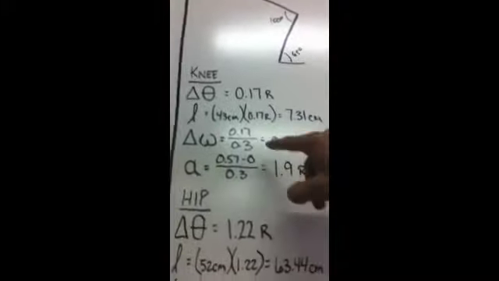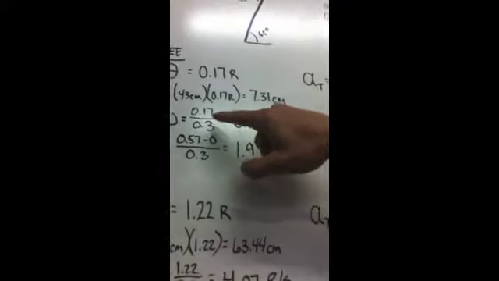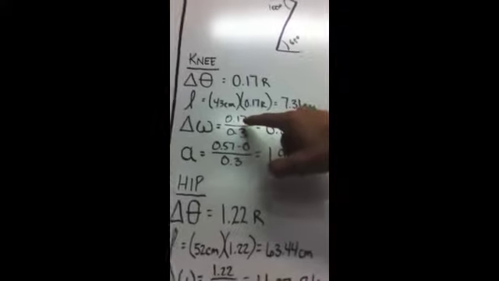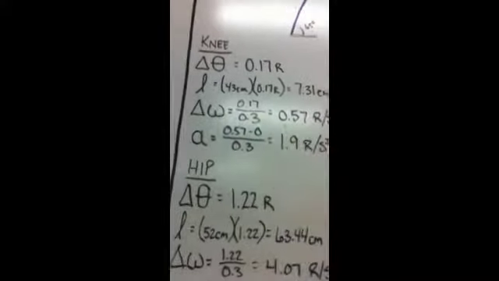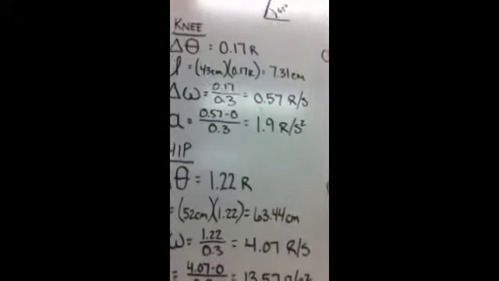And I have all the math recorded here. So 0.17 is the angular displacement divided by the time, which is 3/10 of a second, comes out to 0.57 radians per second.